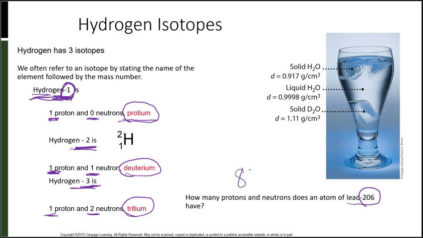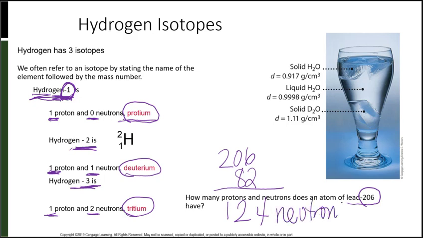So it has 82 protons. To find out how many neutrons, we do 206 minus 82. That is 124 neutrons. So this is lead 206, just like this is hydrogen 2, hydrogen 1, hydrogen 3, and so on.